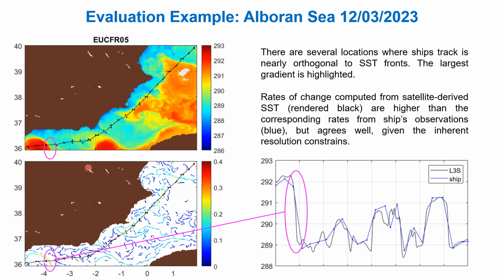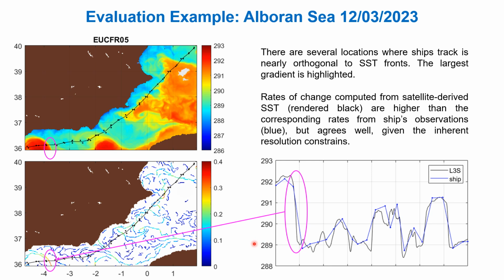The same as in the first example, we show the SST image from the L3S, the gradient magnitude at the identified thermal front locations, and the SST from both sources, the ship and the L3S. Again, the ship's is rendered in blue and the L3S is rendered black.